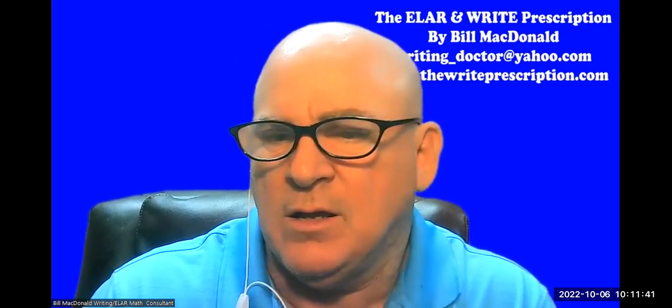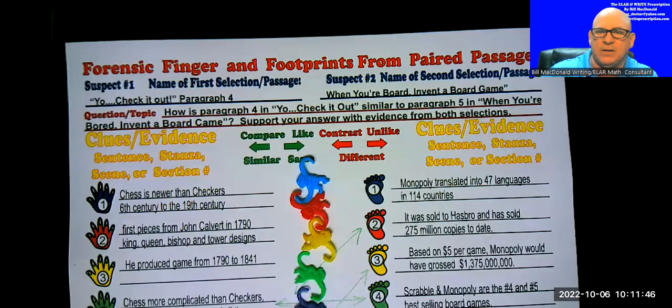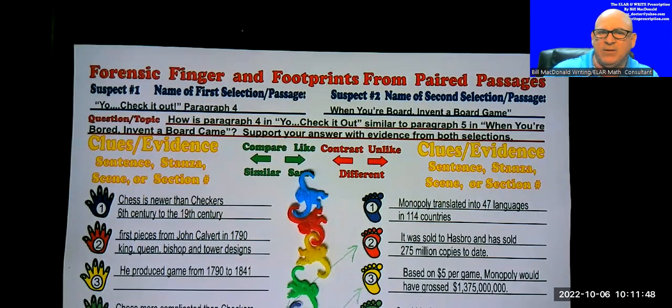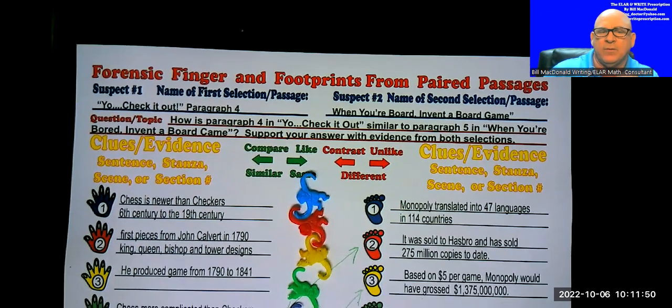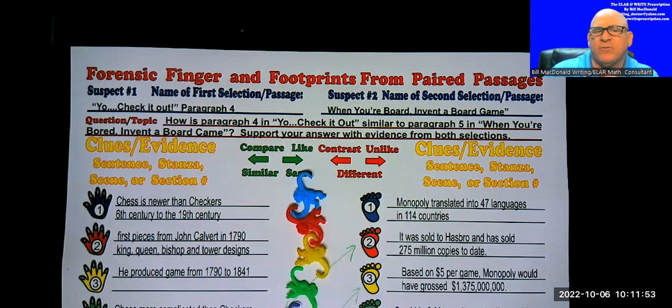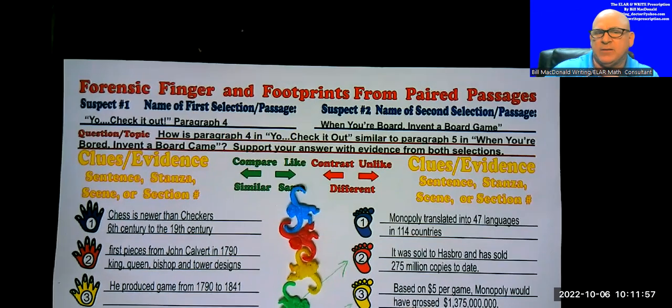Let me show you those 6 colors so that you can see how to tie those 6 colored monkeys into the activity that I did. We're going to call it forensic finger and footprints from paired passages.